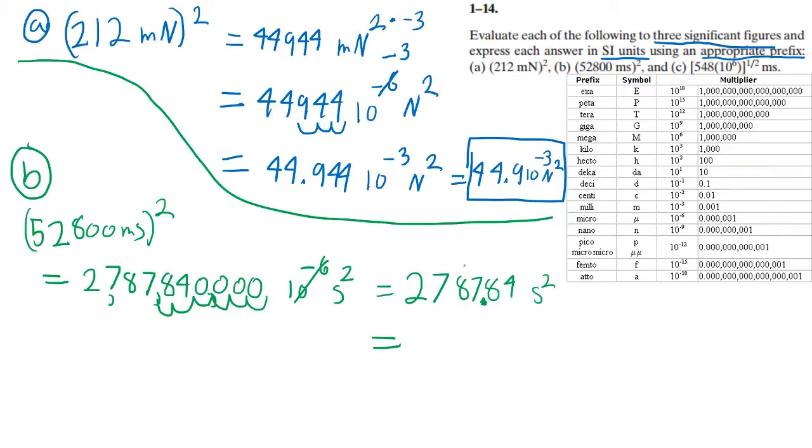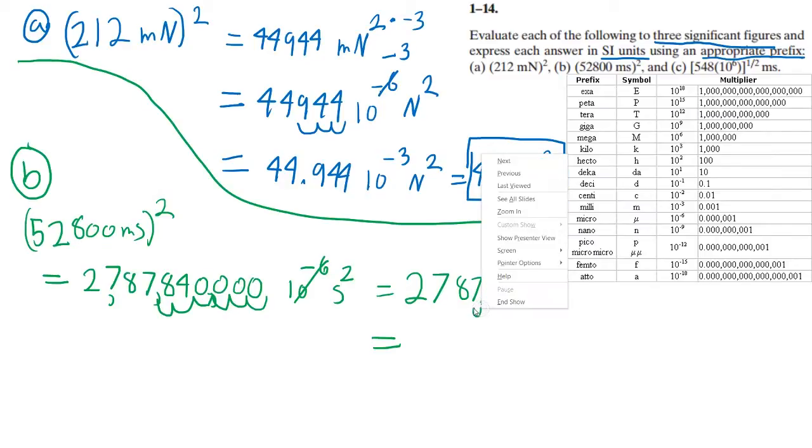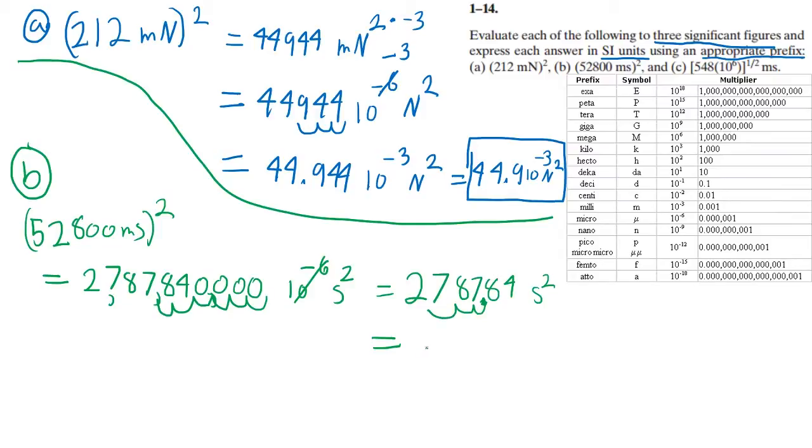We're going to keep it in SI units because it looks very nice when it's seconds. So we're going to move the decimal over to the left another 3. 1, 2, 3. And then we get 2.78784 seconds squared. But actually you don't, because it's actually going to be 10 to the third as well before this. My bad. And this represents moving it back.